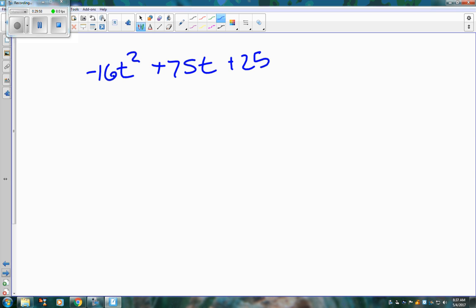Alright. So if I throw a disc in the air, at the beginning, where is it at the very beginning when I toss it? The height of it. 25 feet.